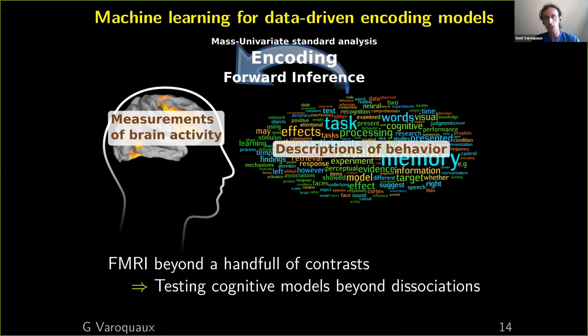Because once again, those simple dissociations are only interpretable inside the cognitive theory that underlies the event, whereas a predictive model can make predictions that go beyond this and be tested beyond a set of stimuli.